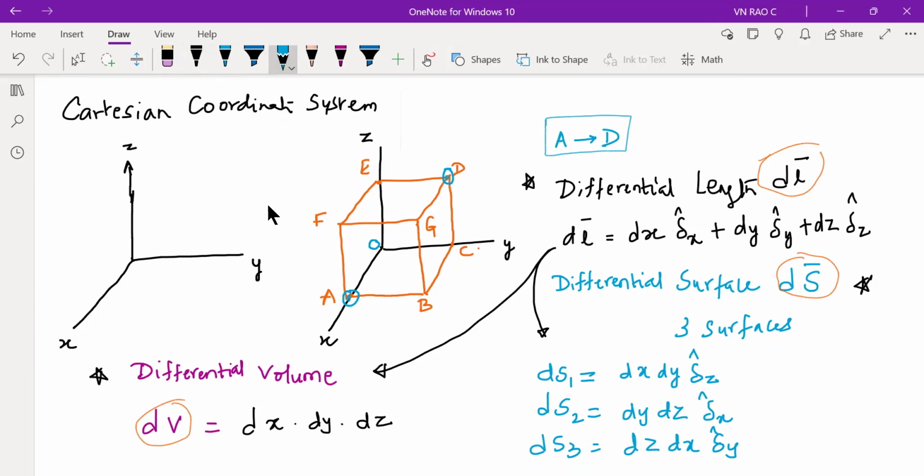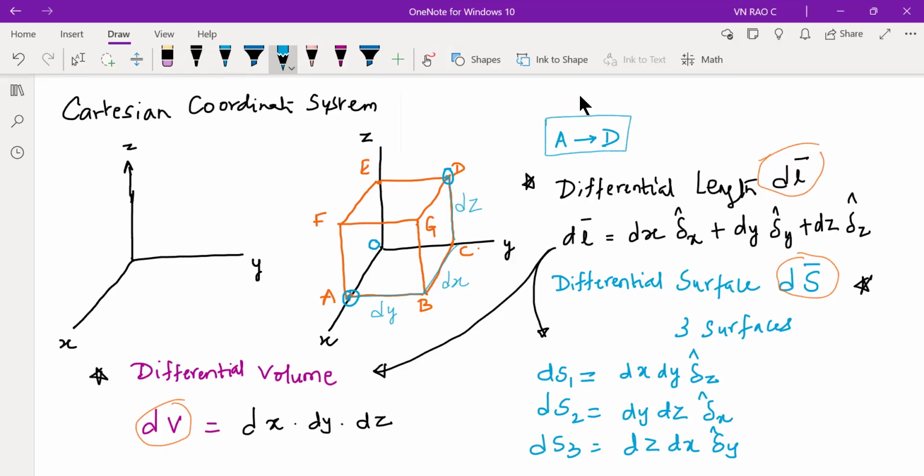From A, we travel like this. So this is dy, and we travel like this. This is dx, and then we travel like this. This is dz. So there are three directions in which we travel to approach D.